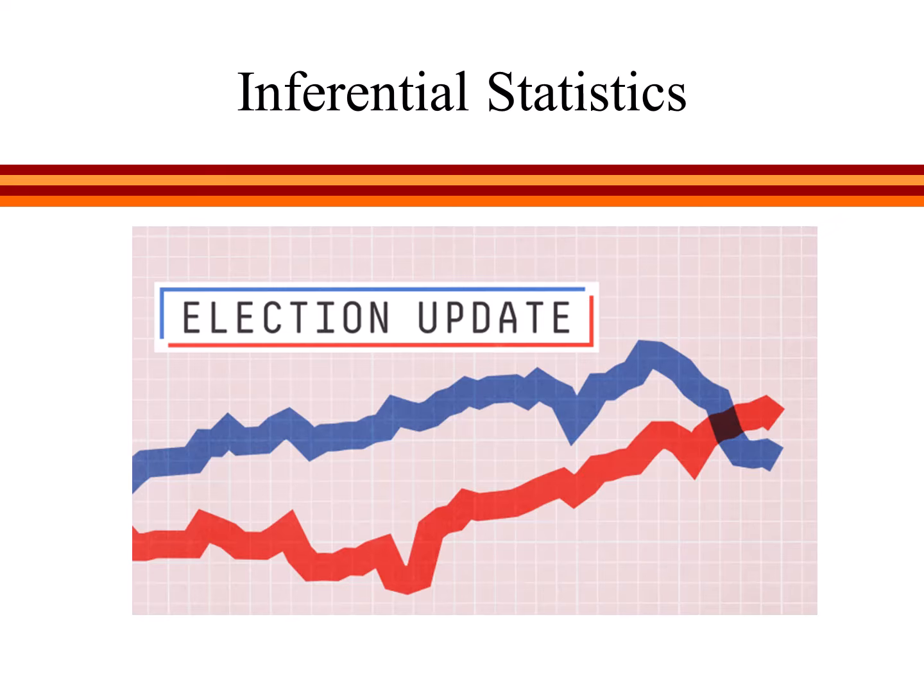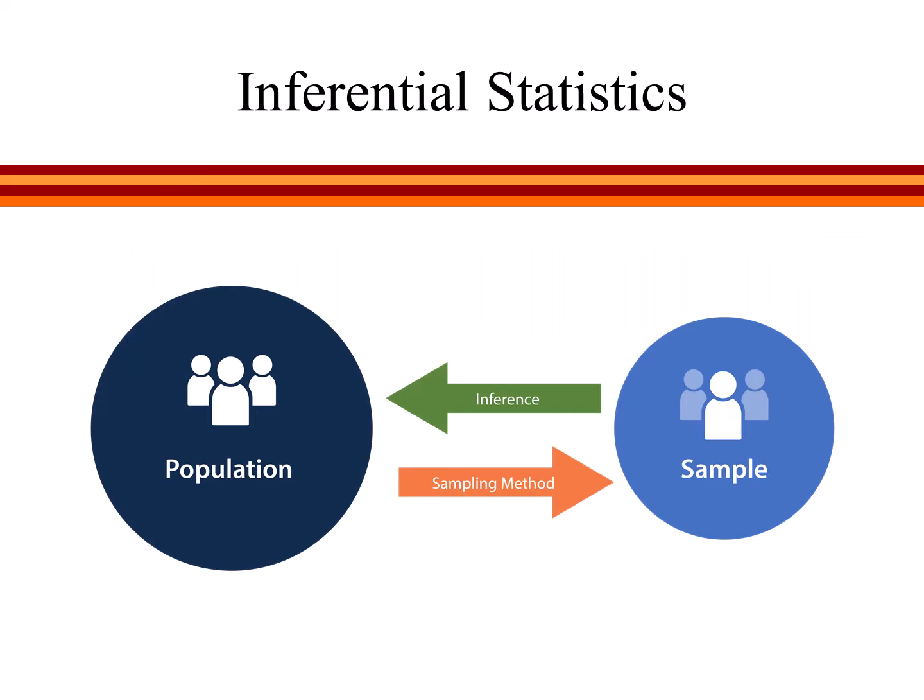As you might be aware, there have been a few cases of pollsters calling an election incorrectly, most recently in the 2016 election. This is because the process of inferential statistics is not always perfect, and in order to infer back from the sample to the population, we first need to make sure that our sample looks like, or is representative of, our population in the first place. Scientists can do this through a process called probability sampling.